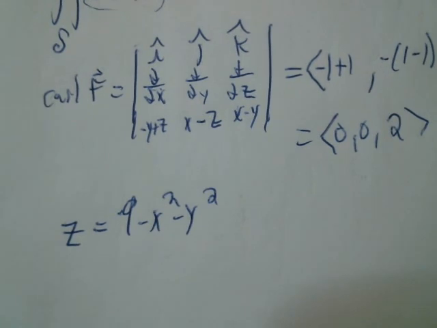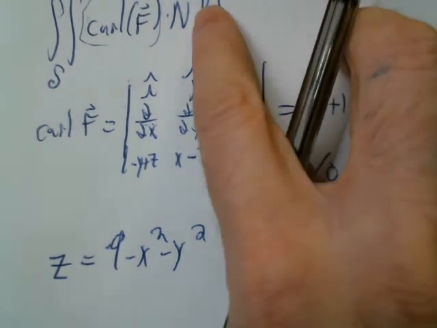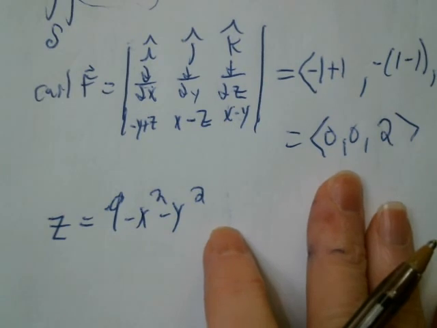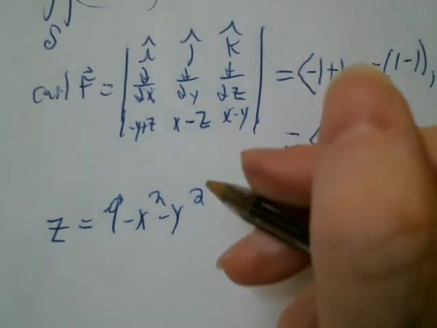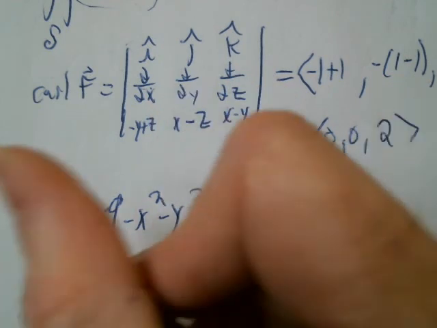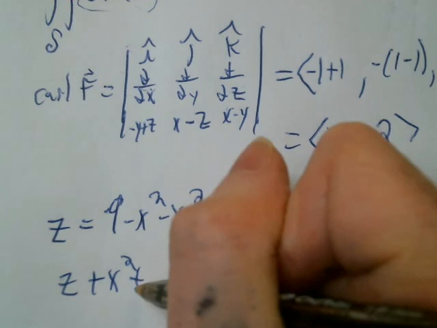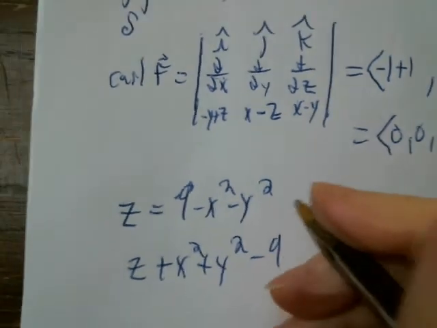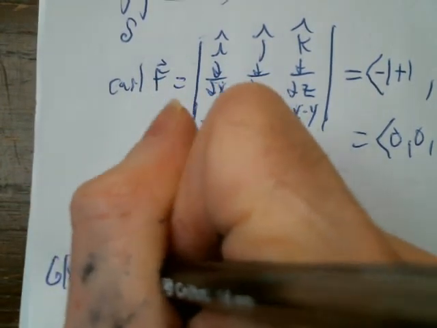I'm going to set it equal to 0 to get the gradient, because that's what we need for this normal vector, and then there would have been that cancellation, or it will turn into a double integral over a region. Okay, so z plus x squared plus y squared minus 9 is our big G function. So this is big G of x, y, z.